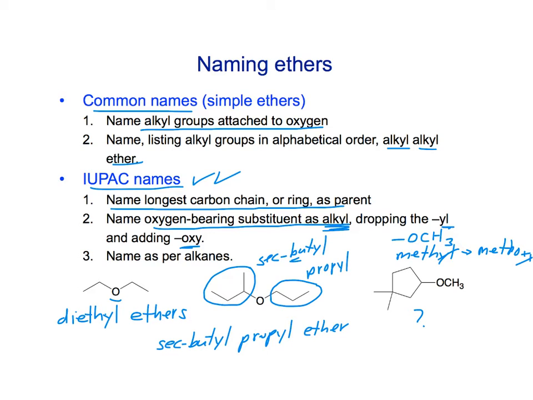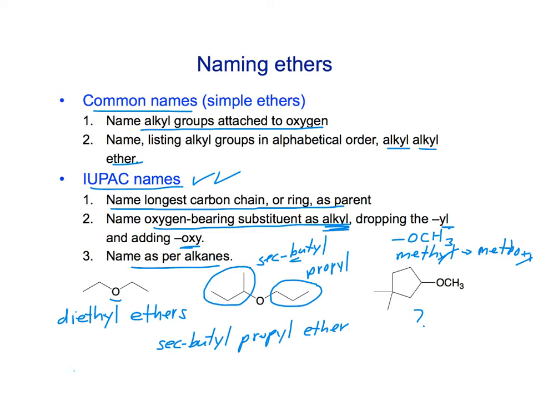After we've named that substituent, we're going to just name the molecule like we name an alkane. These alkoxy substituents are treated just like alkyl groups or halogens. There's no priority one over the other.